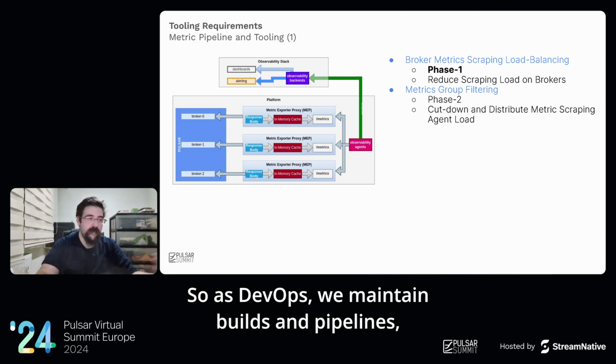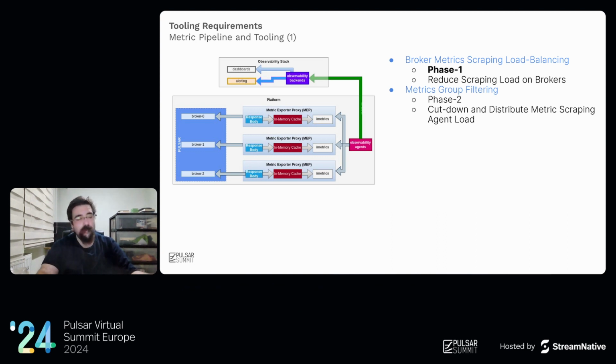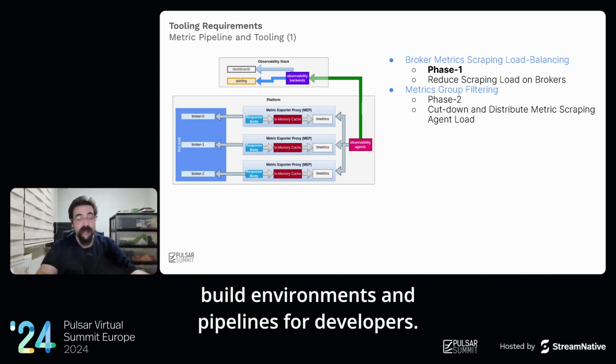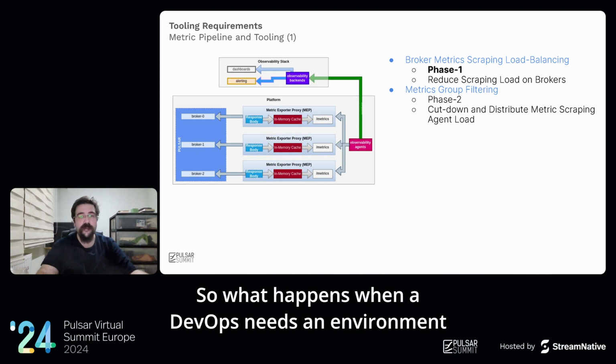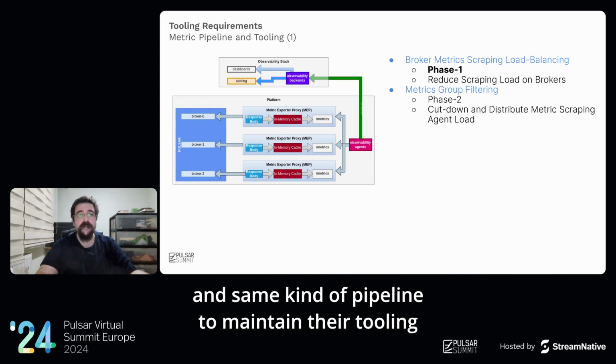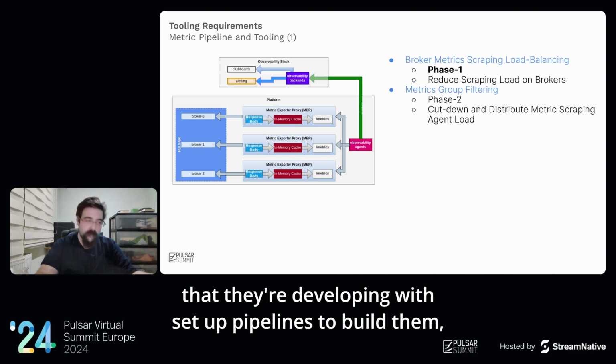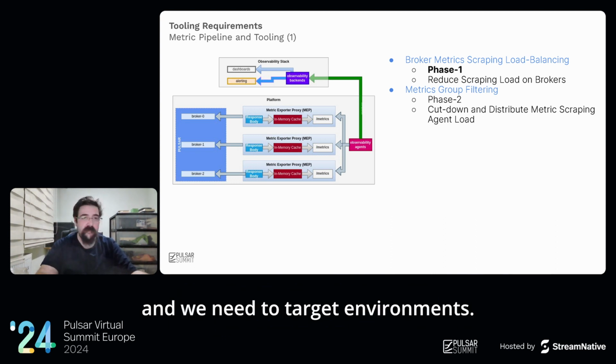So as DevOps, we maintain builds and pipelines, build environments and pipelines for developers. So what happens when a DevOps needs an environment and the same kind of pipeline to maintain the tooling that they are developing? We'd set up pipelines to build them, and we'd need to target environments.